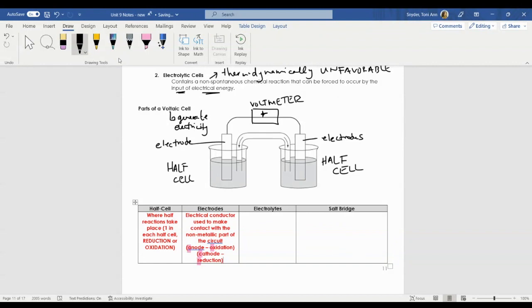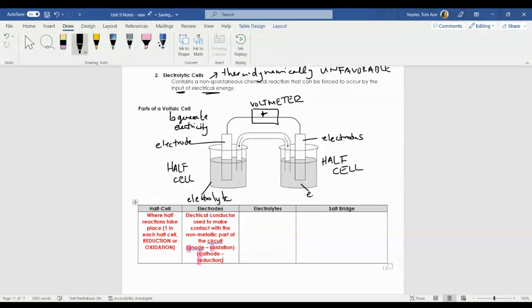The next part, so you have 2 half cells. And you'll see that both of these electrodes are generally actual metal sheets. So it might be a big sheet of copper, a big sheet of, I don't know, silver, whatever it is. And you'll see that they're sitting in a solution. This solution is your electrolyte.